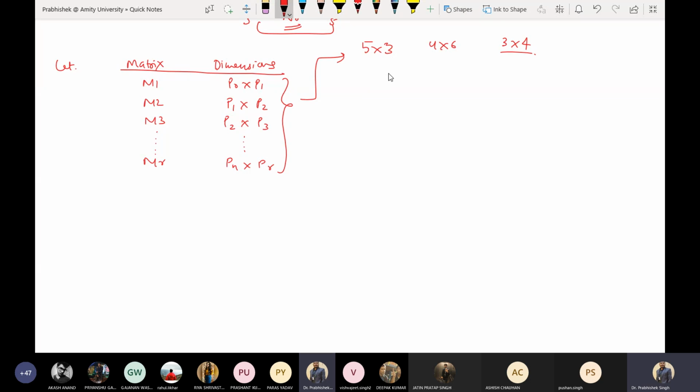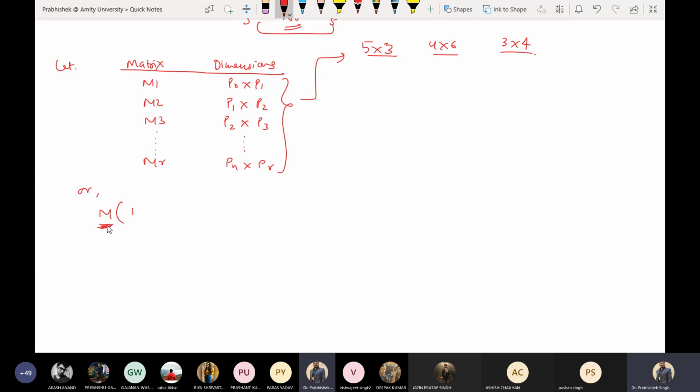So I was saying that the question is like this: in matrix chain multiplication, the matrices are given to you, M1, M2, M3 like that, and the dimensions are also associated with them, like 5 into 3, 4 into 6, and we have represented these dimensions in this form: P0 into P1, P1 into P2, P2 into P3. So the dimensions can be given to you in the questions like this, or they may also be given in the form of a series.